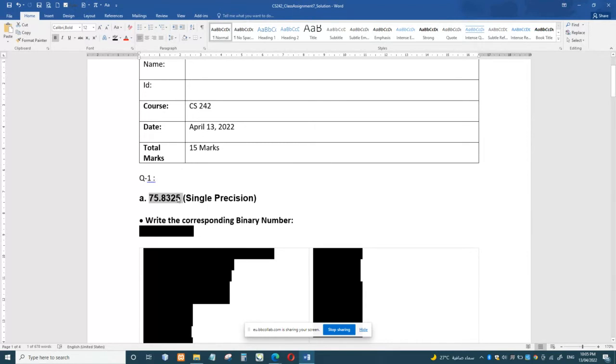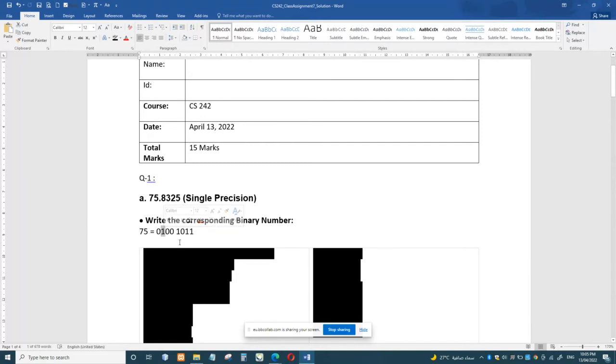First, we need to convert the non-fractional part, 75, to binary, and the fractional part also to binary, but their conversion methods are not the same. So first, 75 can be represented as 1 plus 2 plus 4, then 8, 16, 32, 64.